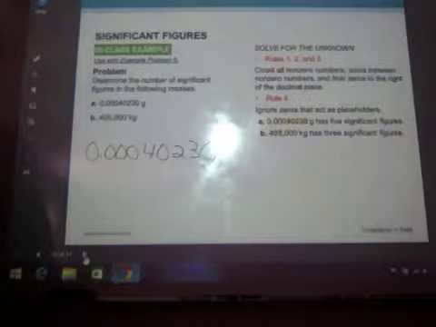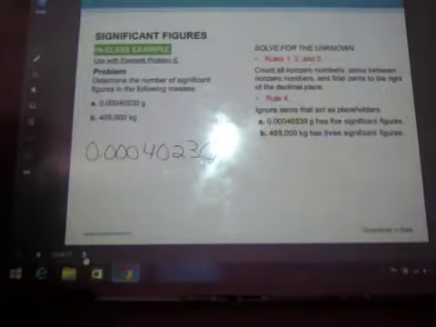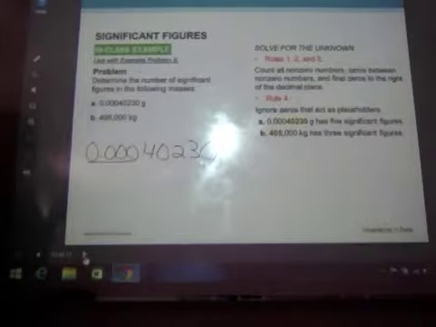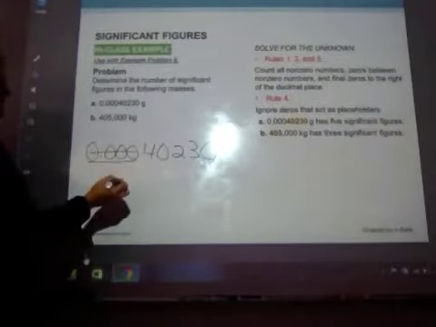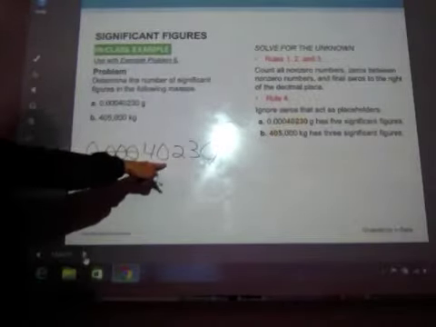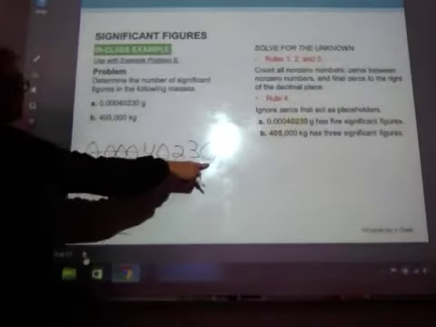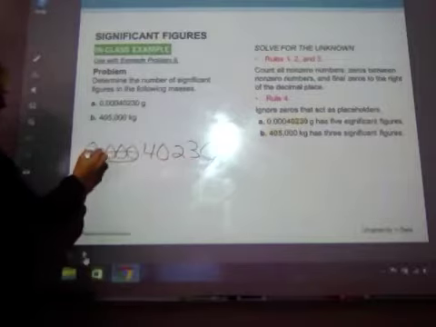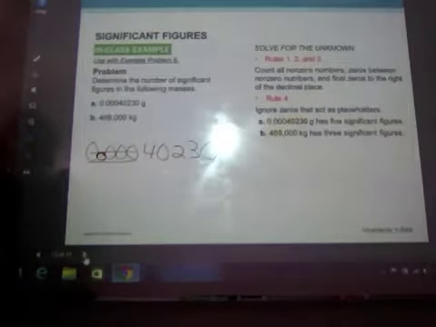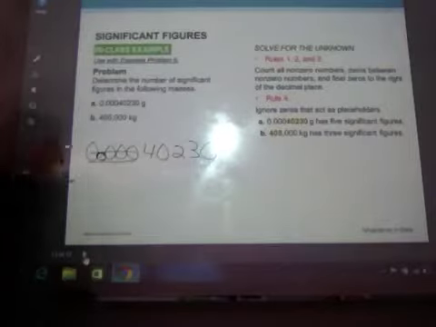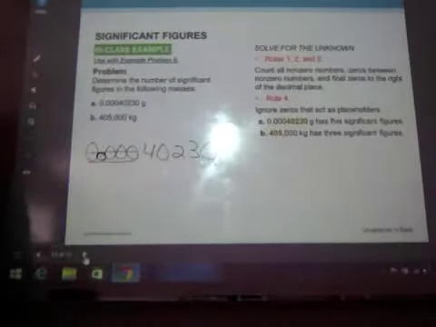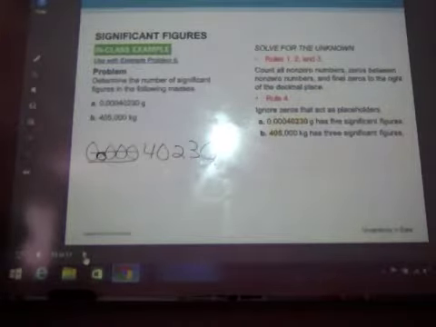I have 1 yes and I have 1 no. Do these zeros count? Nope, those are placeholders. Does this 0 count? Yep, it's sandwiched. Does this 0 count? There's a decimal. Yes, it does. So 1, 2, 3, 4, 5 is correct. There are 5 significant digits.